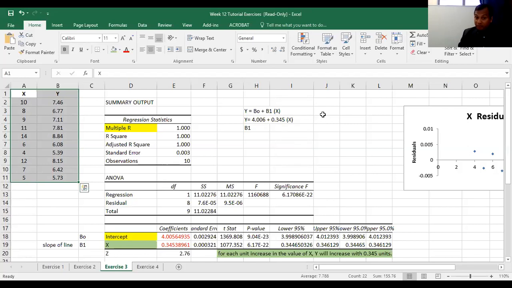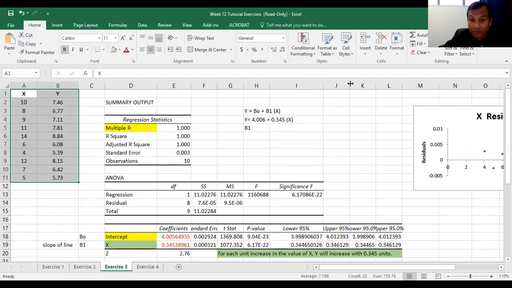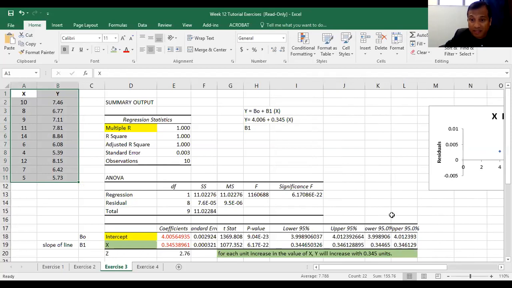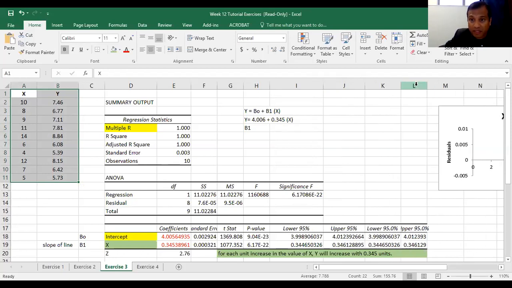You can clearly identify what the 95% confidence interval range is. So where is it? Lower 95%, and you see here, the last two columns are the same. It's a kind of repetition, but both are the same thing. So over here is lower, and over here is upper.